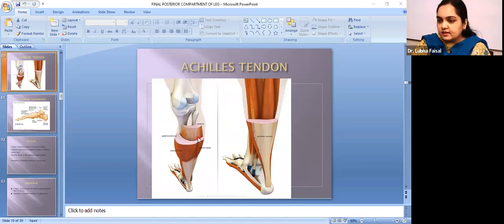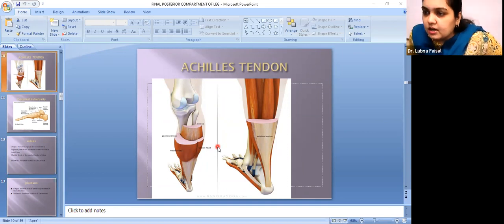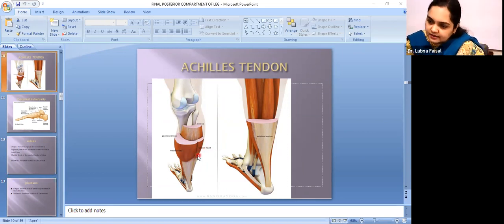Together, these three heads, soleus, medial head, and the lateral head, form the triceps surae. The term used for the three heads is the triceps surae, and this is the attachment of the Achilles tendon on the posterior surface of the calcaneum. Achilles tendon, or we can term it calcaneal tendon, the common interchangeable term.